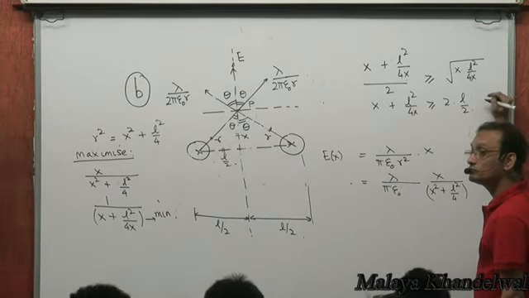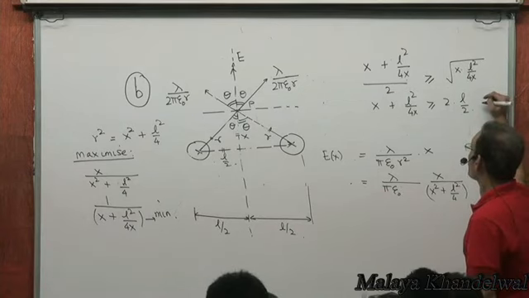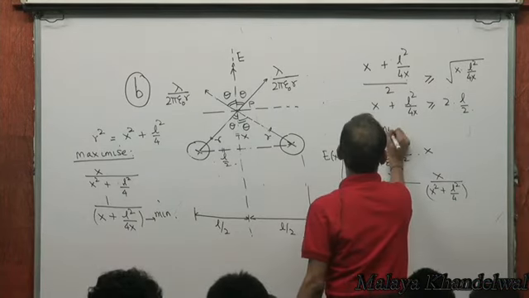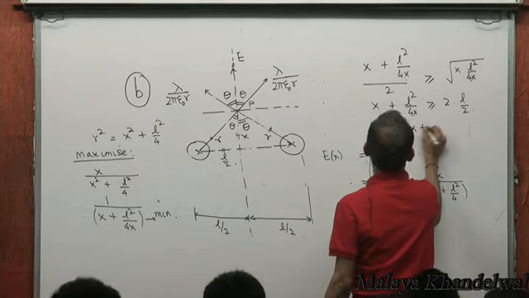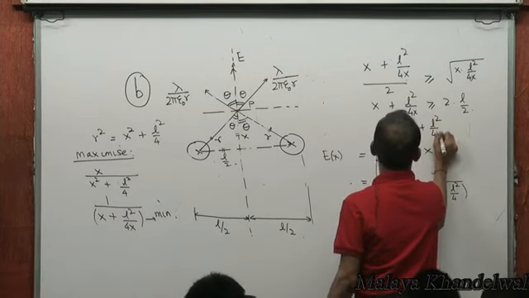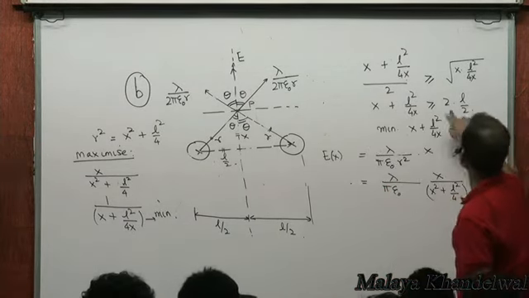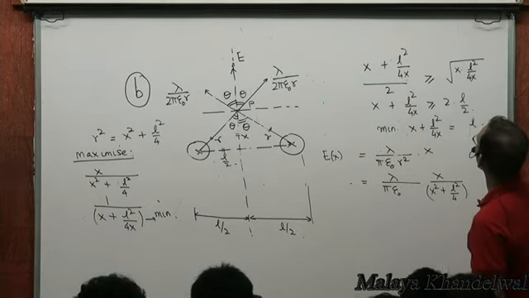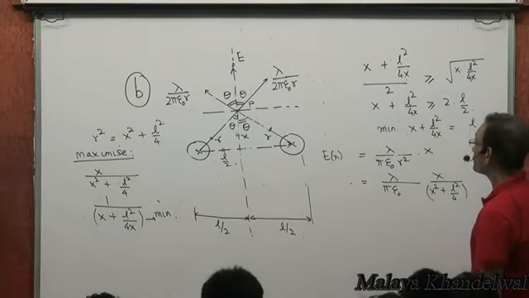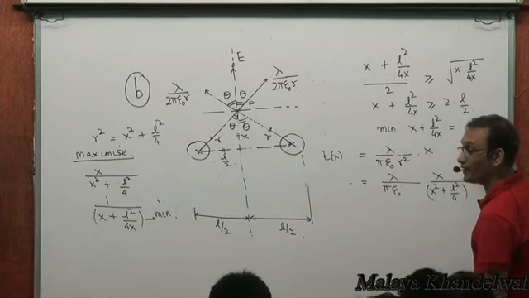Yes or no? Isn't it? That means the minimum value of x plus L squared by 4x will be equal to L. This is the minimum value of this expression, equal to L.